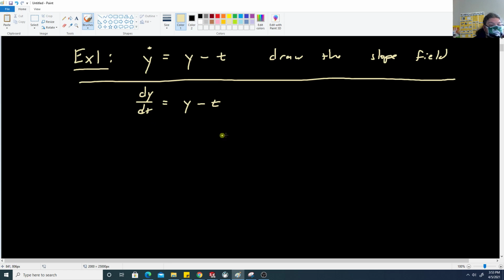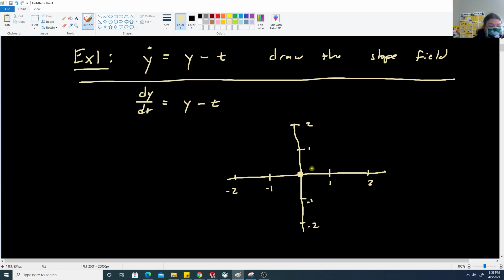So how we draw a slope field is we basically look at a bunch of different points. We'll only do this going out to 1 and 2 instead of going out to like 5 or something.